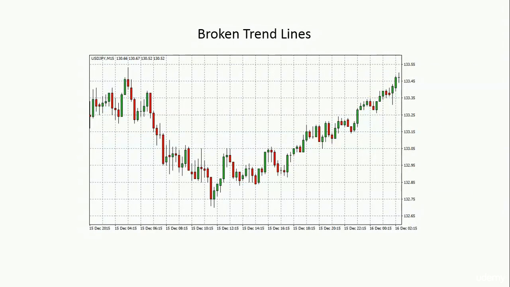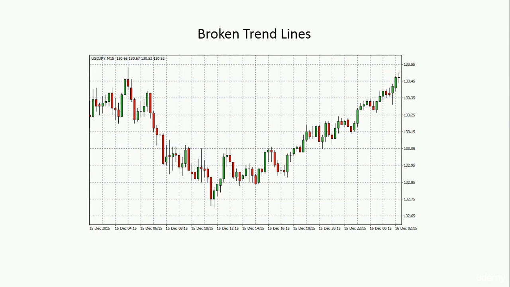But bear in mind that if there are multiple attempts to break through the trend line and those attempts fail, this situation makes those traders give up trying to break the trend line. Then the market quickly moves away from the trend line and the main trend may continue even faster.